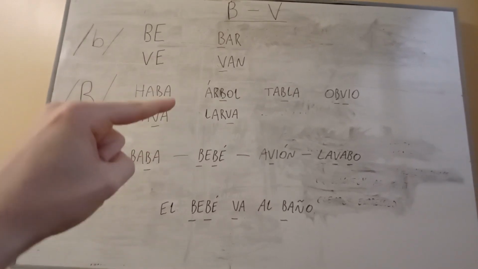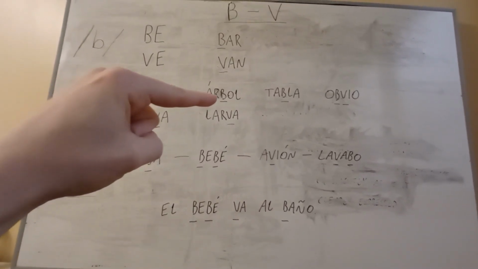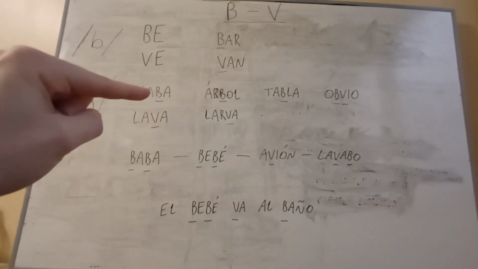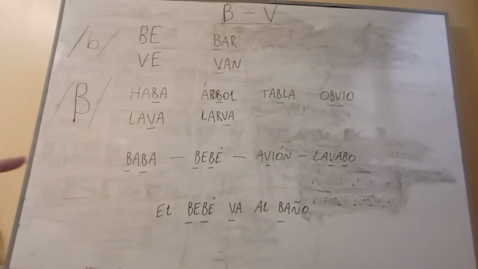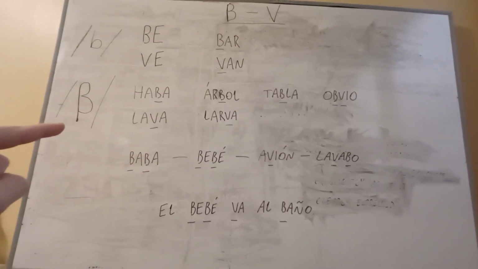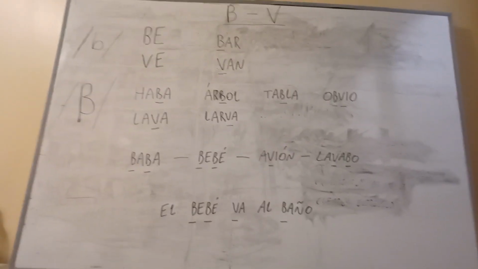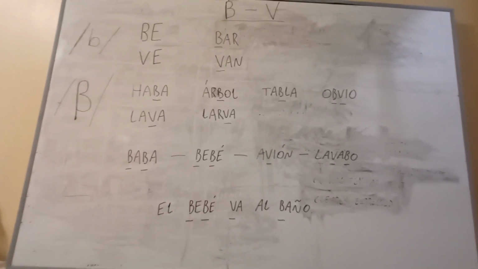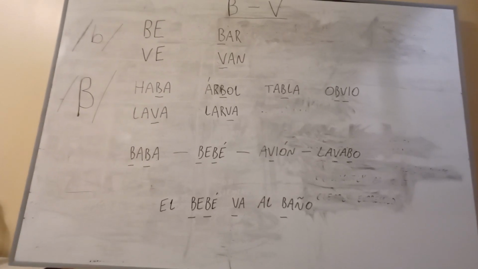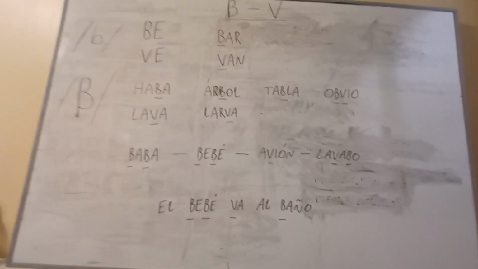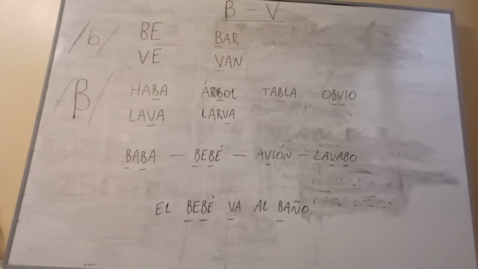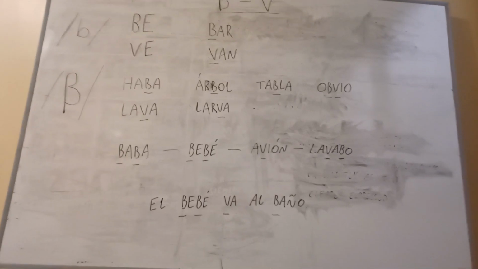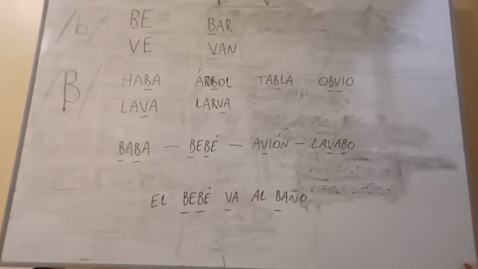So we have seen that when the B and V are preceded by a consonant, they are pronounced like the approximant V. So it doesn't matter whether they are letters in a word or letters from different words in a sentence.